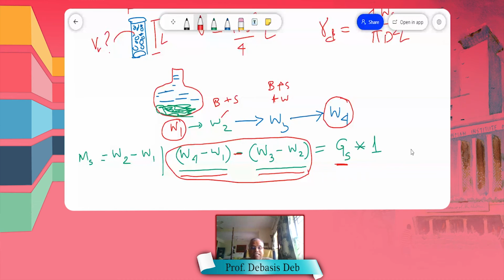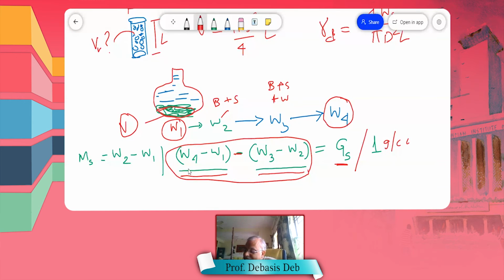In that sample space, what is this volume? I'm getting the volume here, or rather it has to be basically divided. I think it should not be 1 gram per cc.